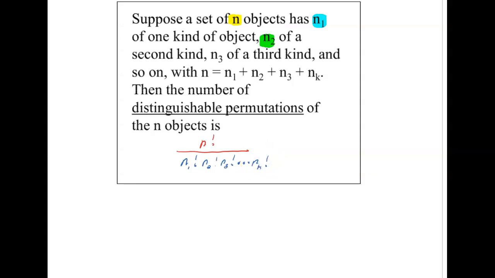The reason they go all the way down to nk is sometimes a lot of these would be 1 factorial, 1 factorial, 1 factorial. So in the bookkeeper problem, we didn't divide by the 1 factorial for the b, for instance.